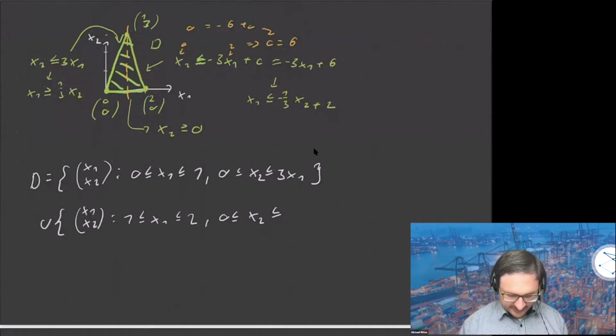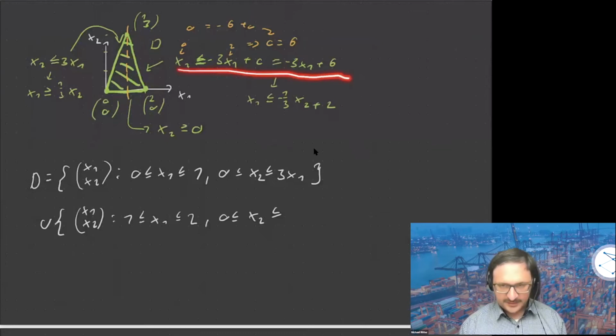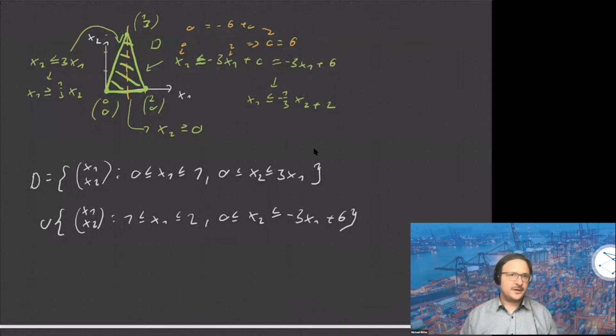So that is the function x2 is less or equal to minus 3x1 plus 6. So that's the upper bound. And then I can just compute the integral over this part plus the integral over this part.